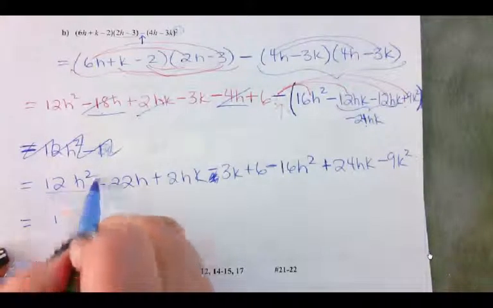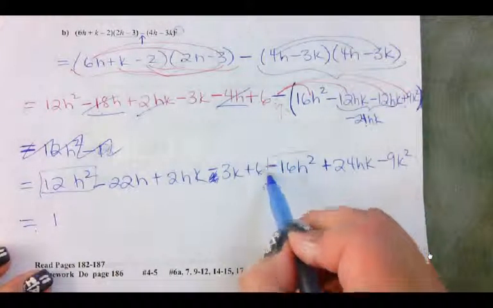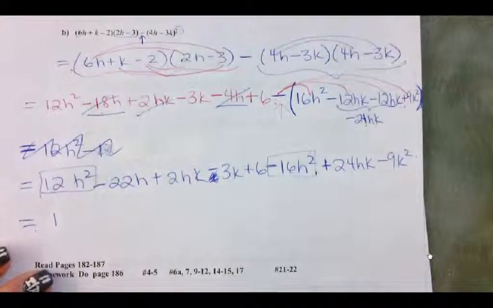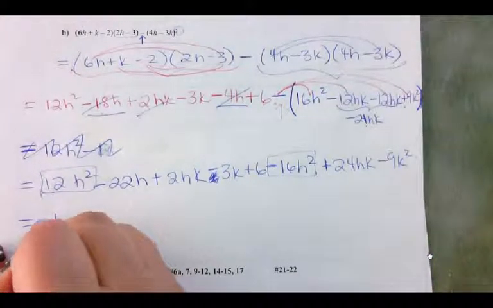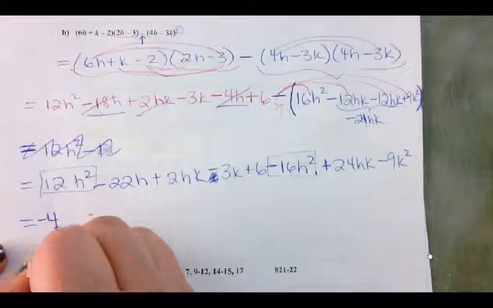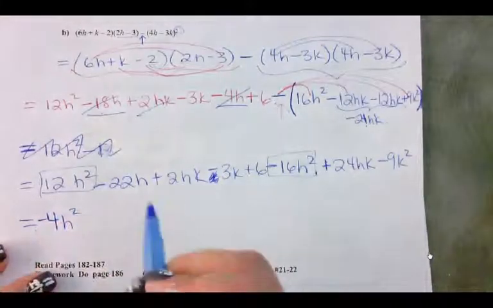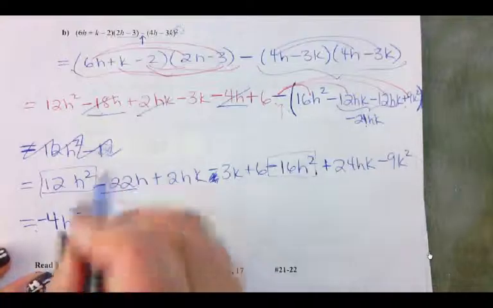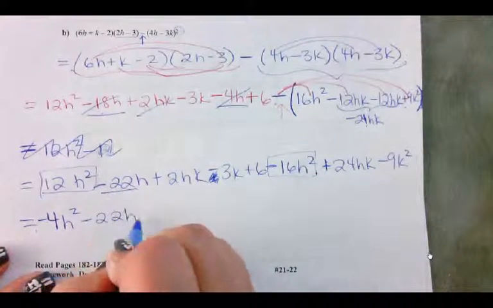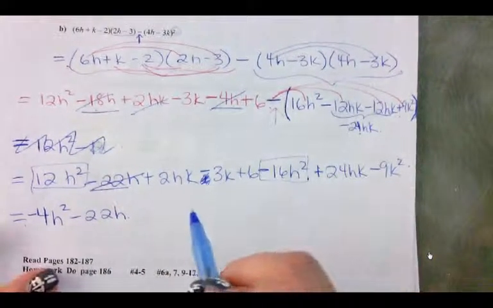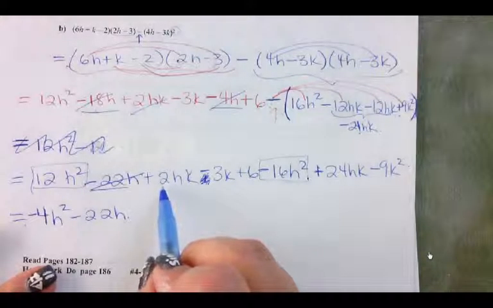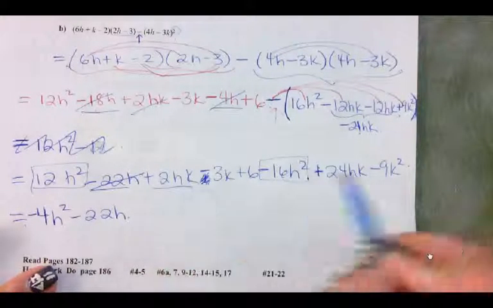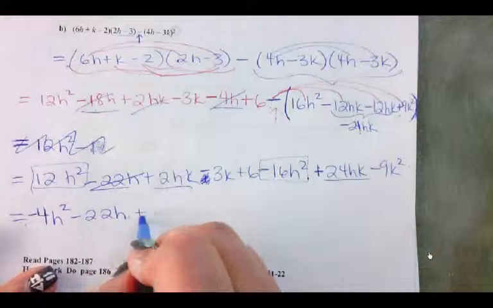Okay, so let's try to clean this mess up. I have a 12h squared and a minus 16h squared, so that's going to give me minus 4h squared. And then, do I have any other h's? Nope. Okay, gone. What else do I have? HK's. I have 2 here, and I have 24 here.